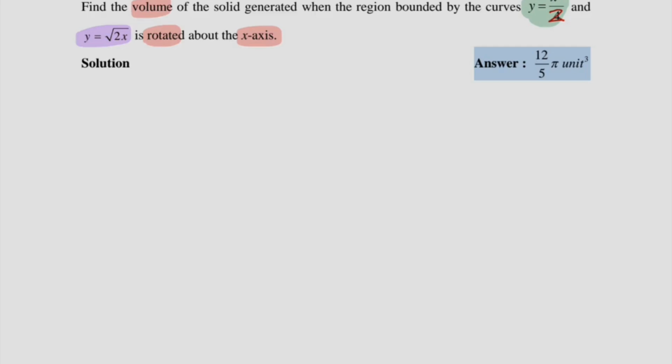Okay, so since we know we have two curves, then the formula for the volume must be volume equal to pi integral. We must have two functions squared and subtract. And since it is rotated about the x-axis, this means everything must be done in terms of x, dx.